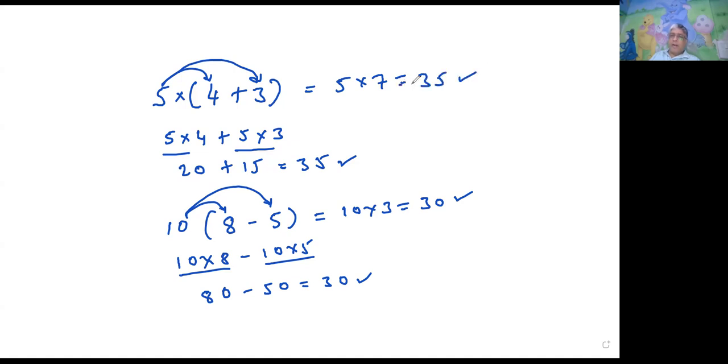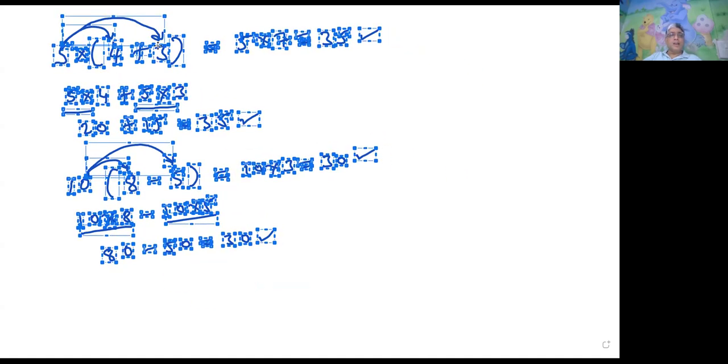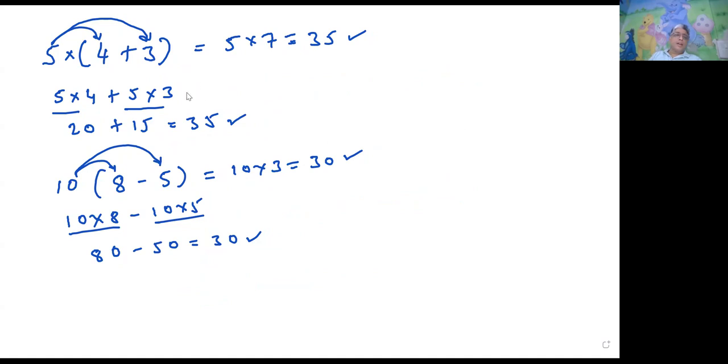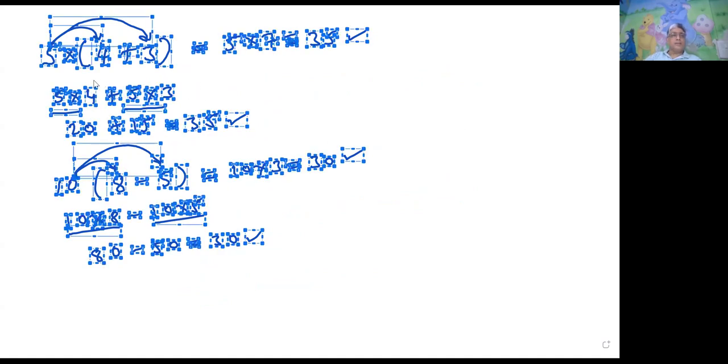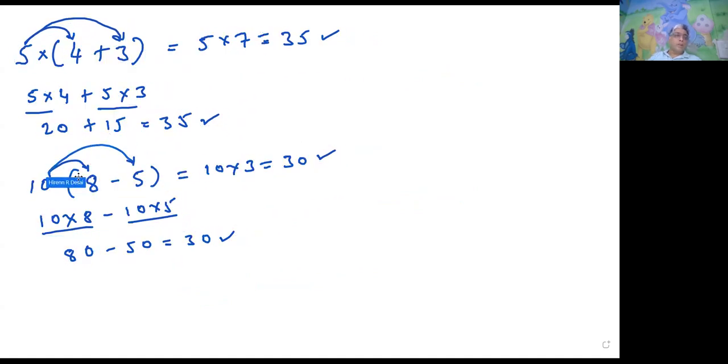Now I'll do a little bit more, and we'll see multiplication and division. Let's see whether it is distributive over multiplication or division or not.